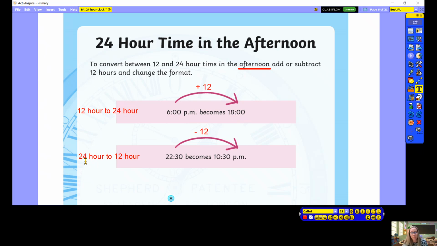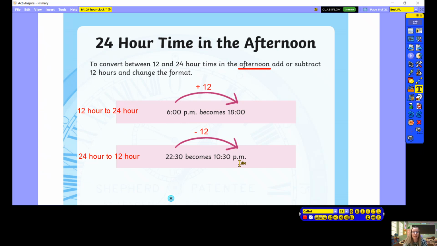And then if we're changing from the 24-hour clock to the 12-hour clock, we would subtract 12. So 22, just from the hour hand this is, 22 subtract 12 is 10. So 22:30 becomes 10:30 p.m.